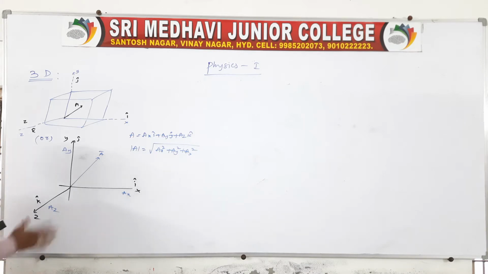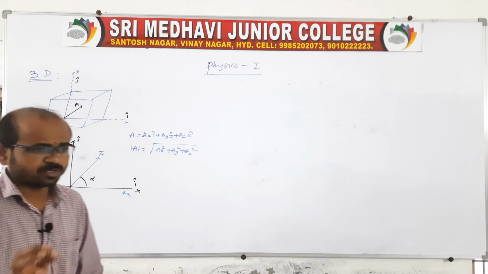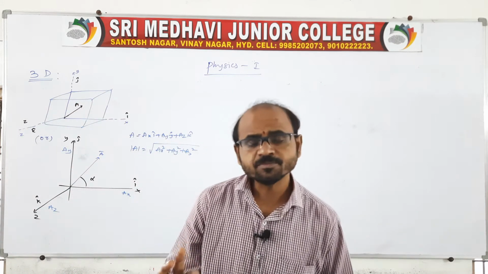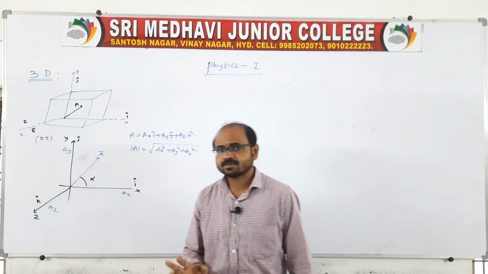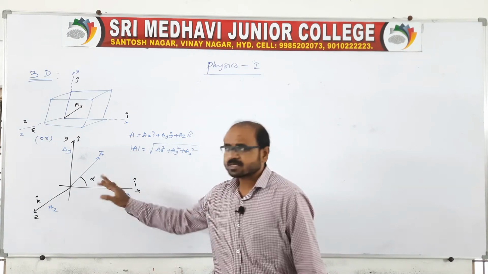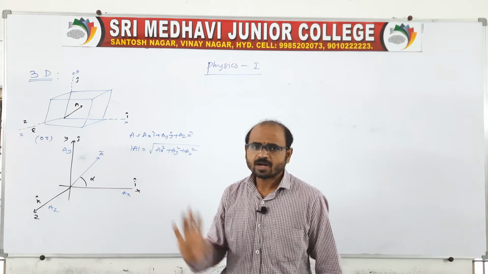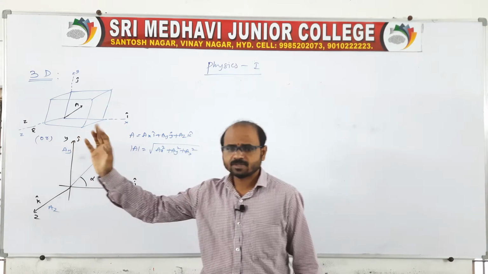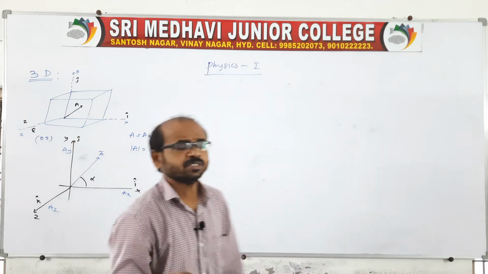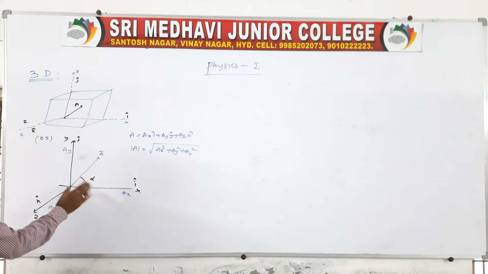Now, based on the angles, suppose the vector A makes an angle alpha with the x-axis. Everyone remember, I told you in the previous class also: the angle with the axis is represented as cos, and the other axis is represented as sine. In this three dimensional situation, you take only the angle with the axis.